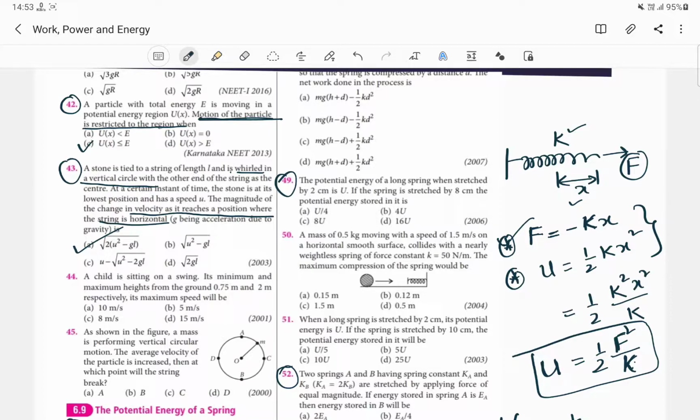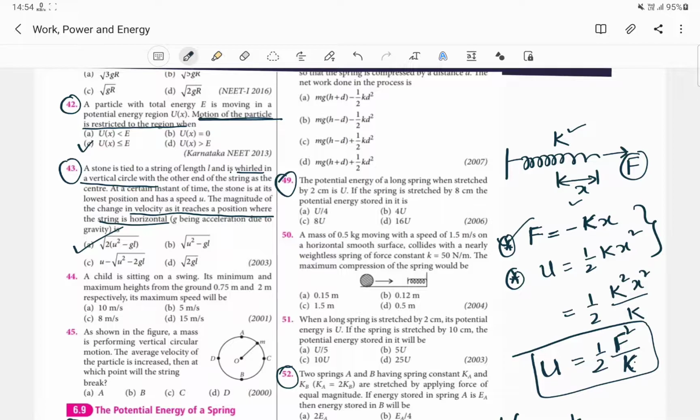That means this force will be directly proportional to the displacement produced, so it will be dependent on the initial length and the final length. Therefore we can say that the force acting on the spring is always conservative in nature.